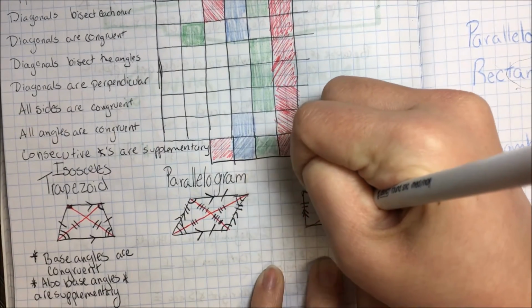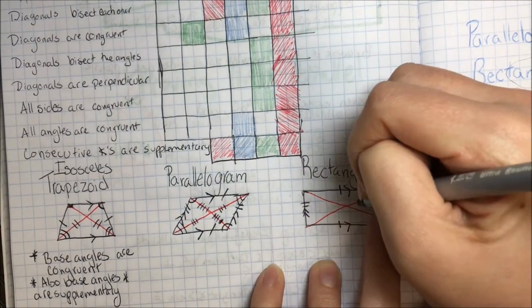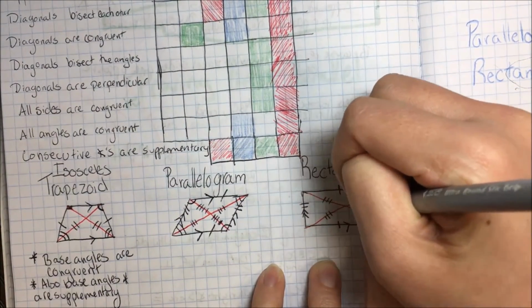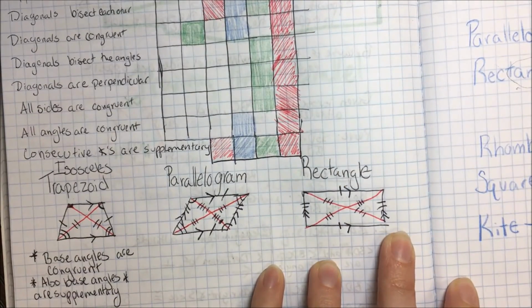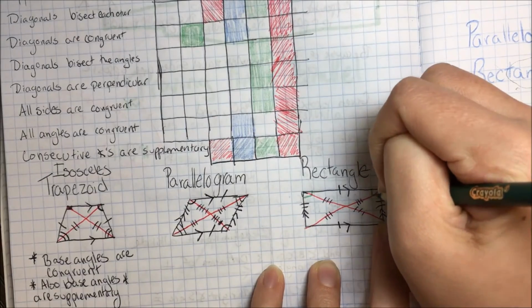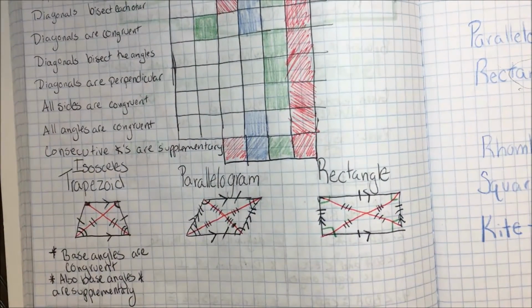So that means that since they're the same length and they bisect each other, all four of these little parts of the diagonal are actually congruent. And then, of course, all angles are right angles and all angles are congruent.